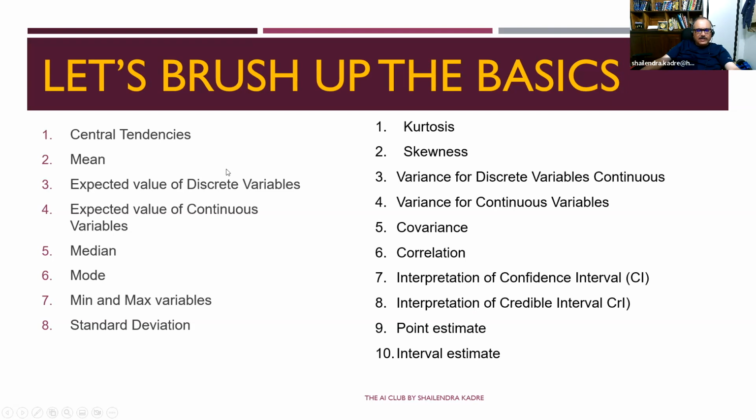There are many measures to measure the same thing. To measure central tendency, we have three measures: mean, median, and mode. We have to see under what condition we use what: when to use mean, when to use median, when to use mode.